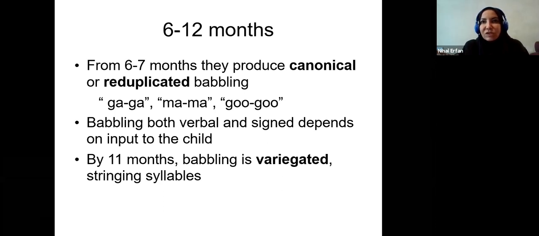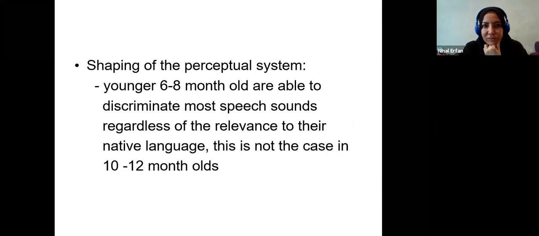Even kids that are normally hearing, if there's no stimulation in the environment, they're not going to acquire language. By 11 months, it's called variegated, and they string syllables, vowels and consonants together. It sounds like gibberish, but eventually it transforms into words.